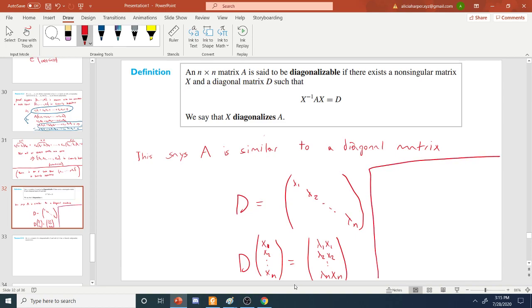This is equivalent to saying there is a basis for Rn in which A acts as a diagonal matrix.